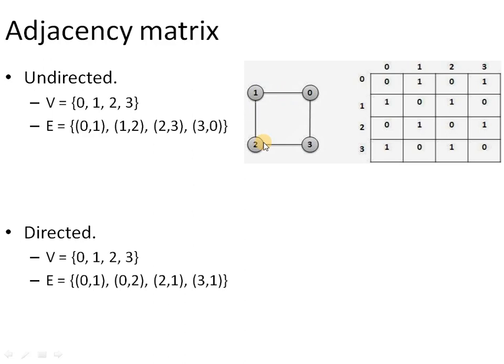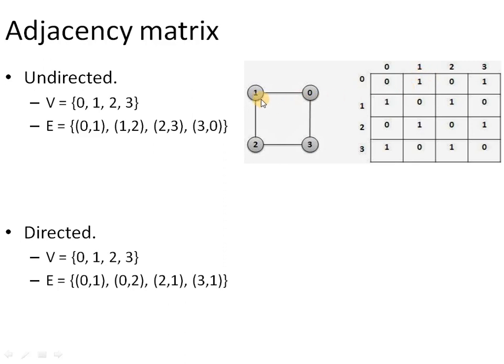We are working with a graph with 4 vertices and 4 edges. So we simply create a matrix of 4 cross 4 because we have 4 vertices. We have created this matrix and then corresponding to each edge I have to put one entry. The edge exists between the pair 0 and 1. So we have 0, 1, and this entry represents the edge and it equals 1.